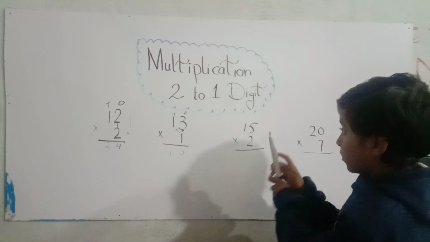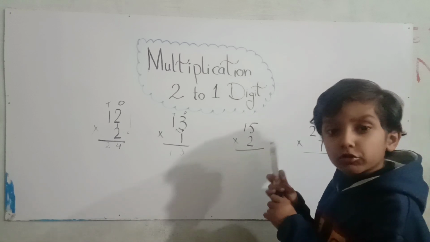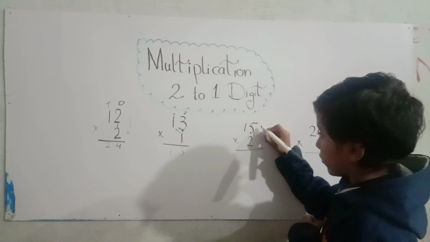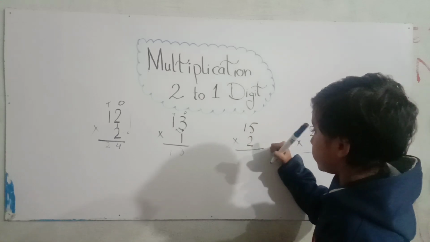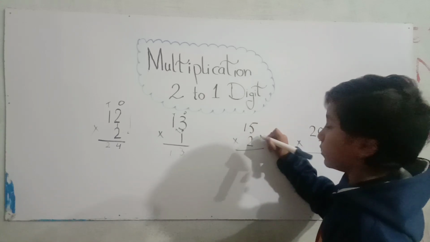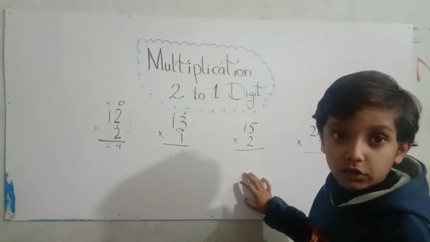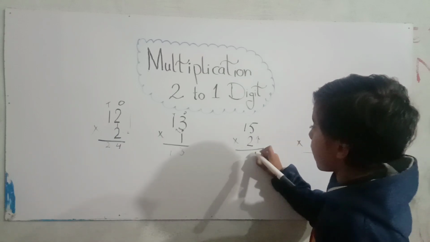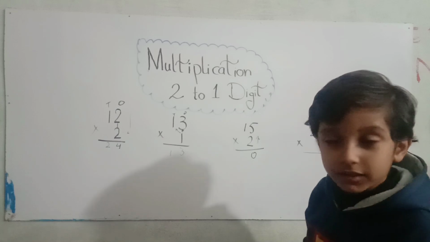This is a thing that comes in the 5 times table. So first we have to look at the 5. Then we have to look at the down digit. It's a 2. And then you must know that 2 times 5 is 10. And here's a new thing over here.